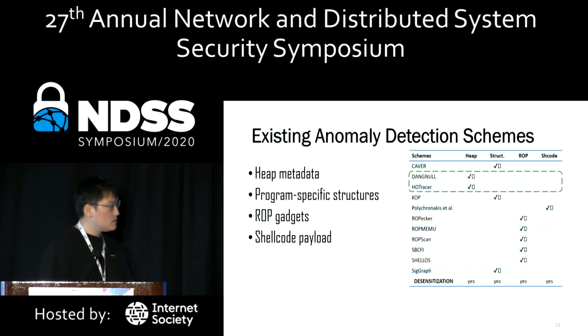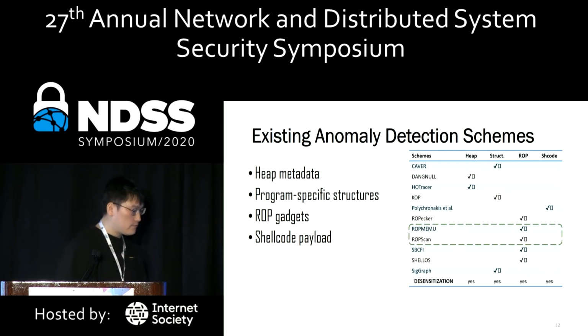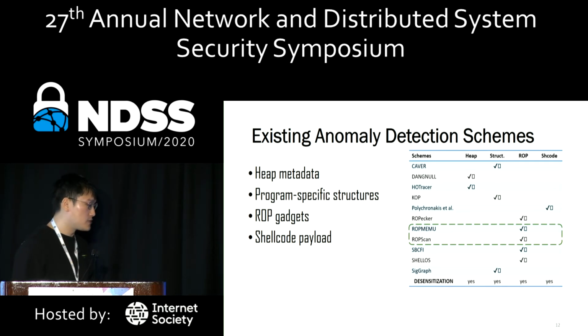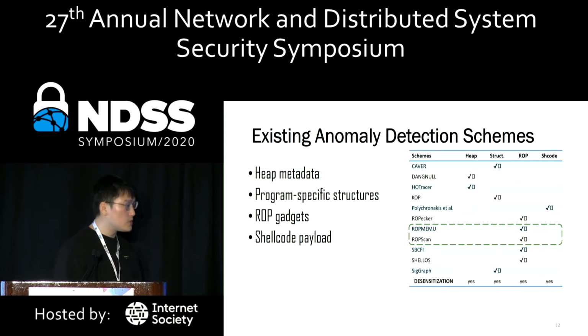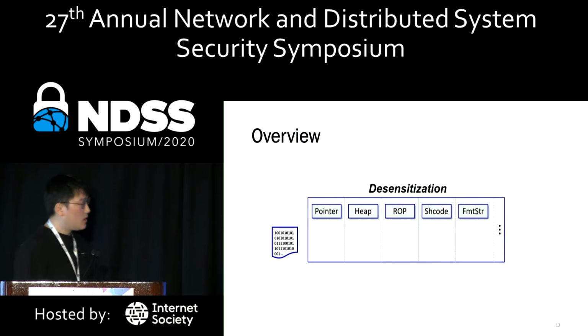And for Dano and HotTracer, they use heap metadata and pointers to try to detect heap violations, including use after free, heap overflow, etc. And for ROPscan and ROPecker, they try to identify ROP using the executed traces and so on.